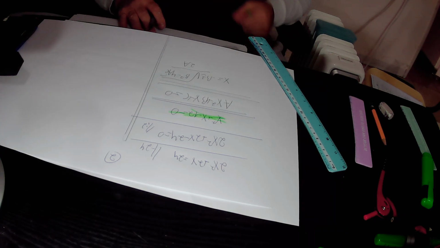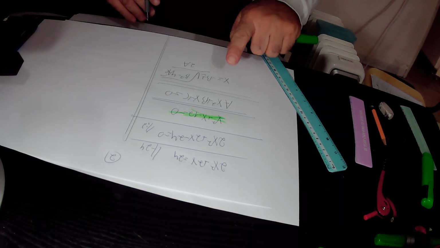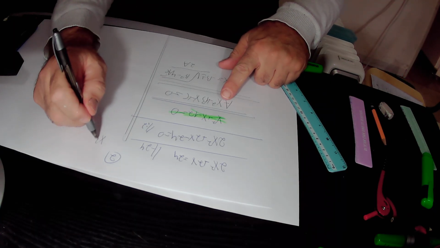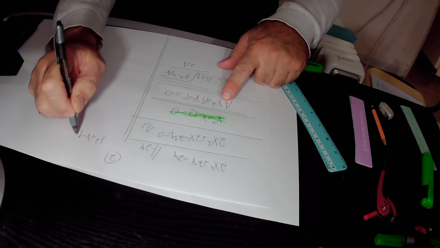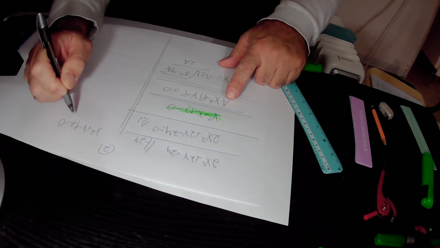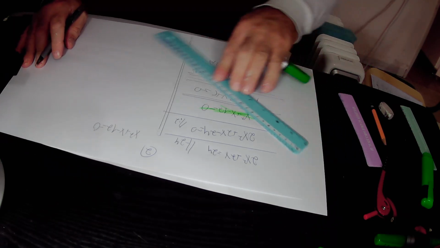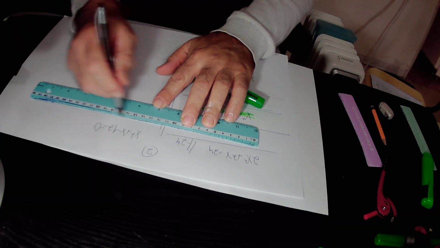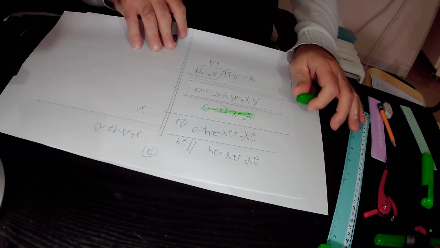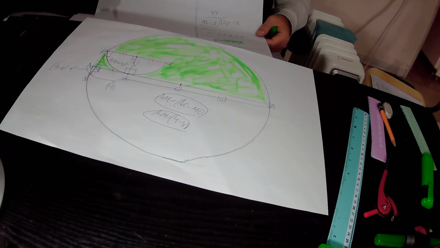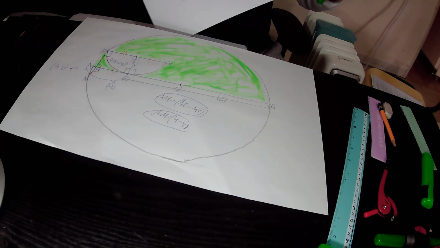In our specific quadratic equation, that is to say x squared plus x minus 12 equals 0, the variable that we are looking for is x. What is x? X is the radius of this small semicircle.